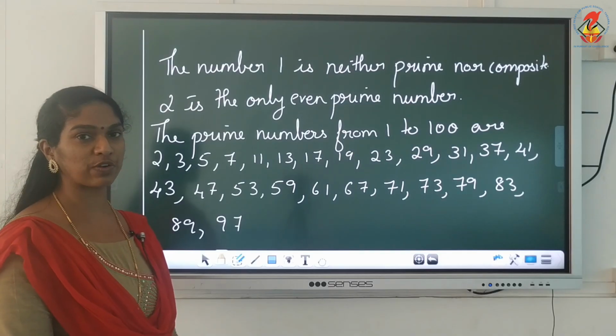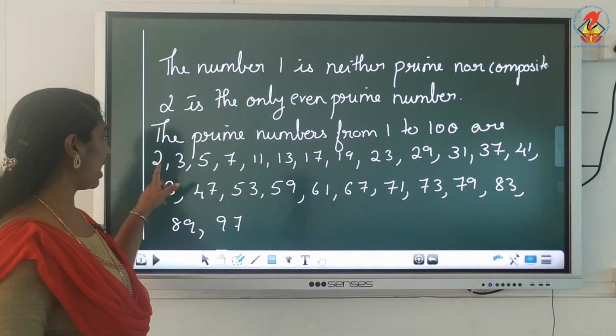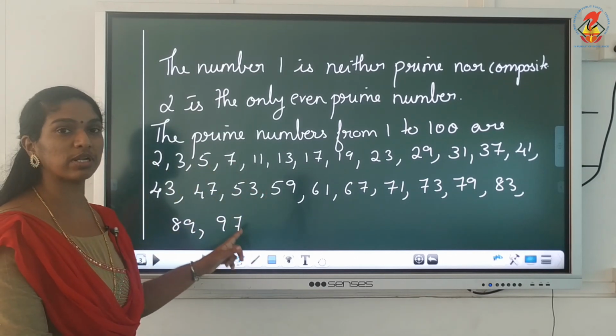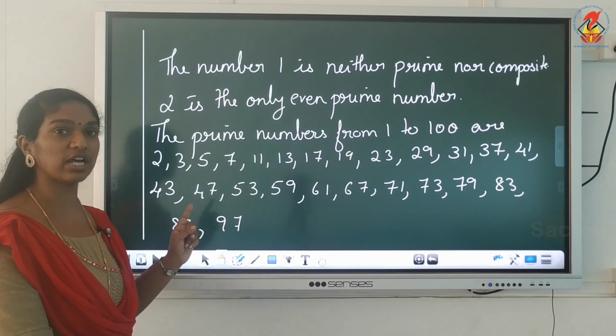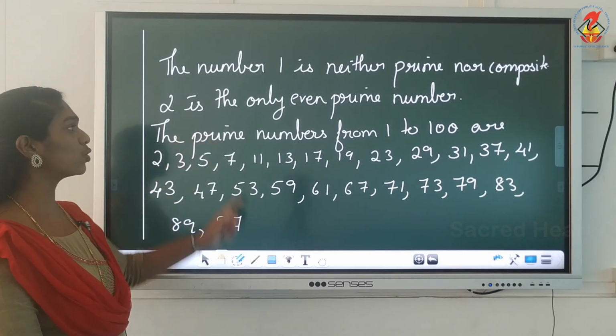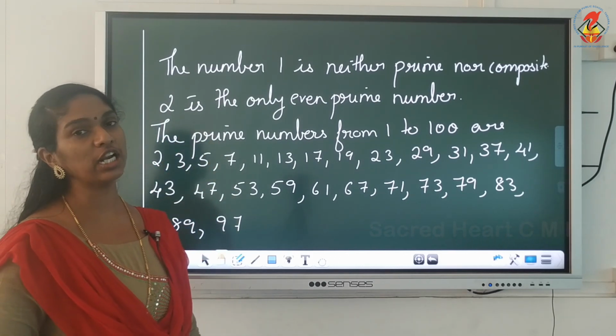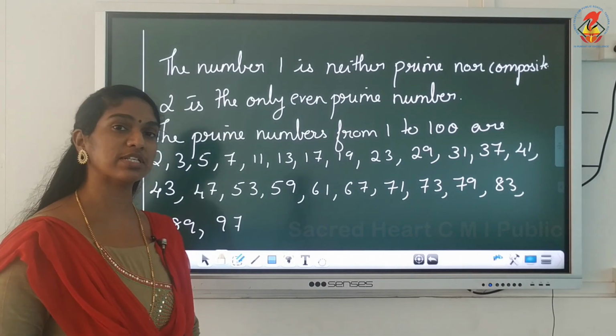These are the prime numbers from 1 to 100. Except 2, the rest of the prime numbers are odd. So that is why they are saying 2 is the only even prime number.